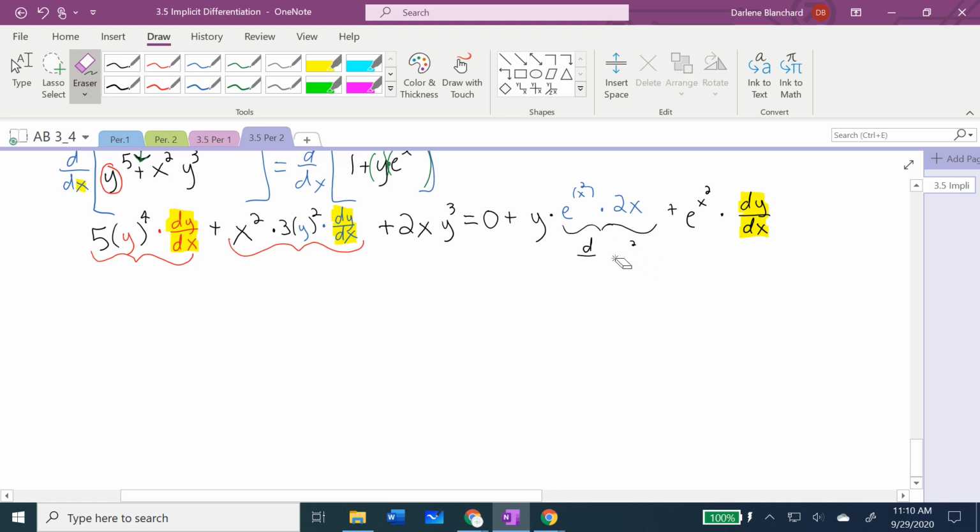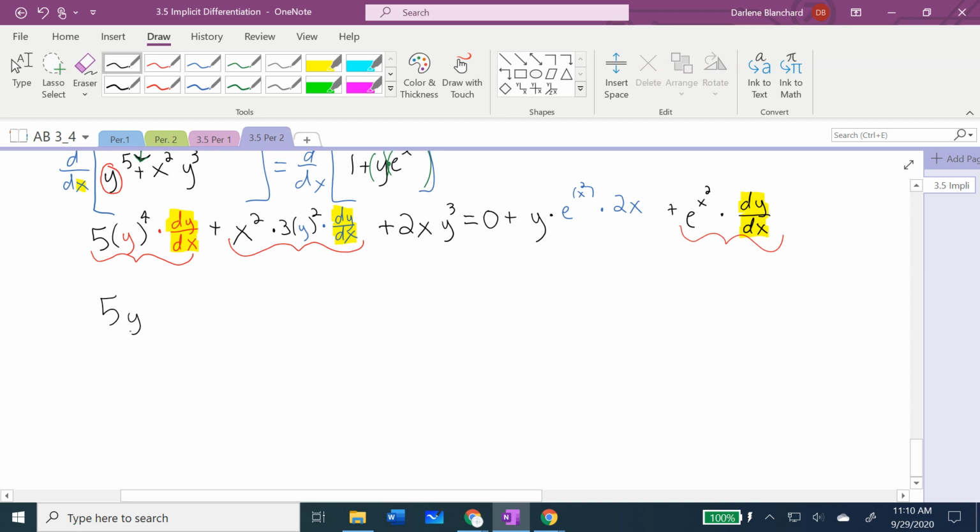I just wrote that down to say, hey, right here, I need to take the derivative of somebody while I finished writing out the product rule so that I didn't accidentally forget that I was in the middle of a product rule. All right, now I need everybody who has dy dx as a factor to be on one side of the equation and move everybody else to the other side.